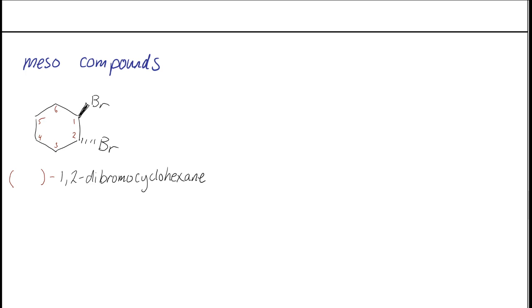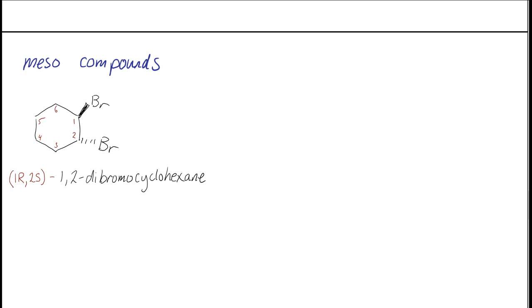Yes, that one is R. And what about number 2? S, right? Yep. So we've got 1R, 2S, 1,2-dibromocyclohexane.